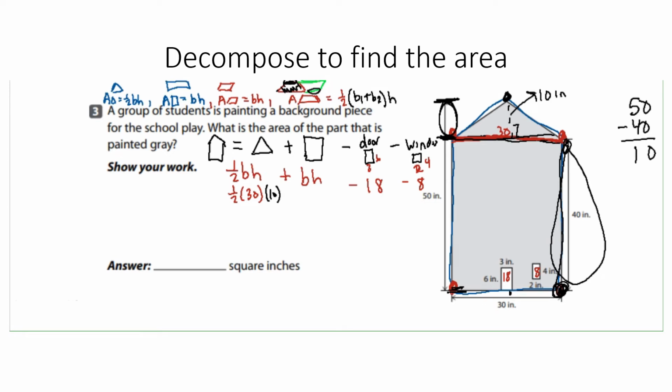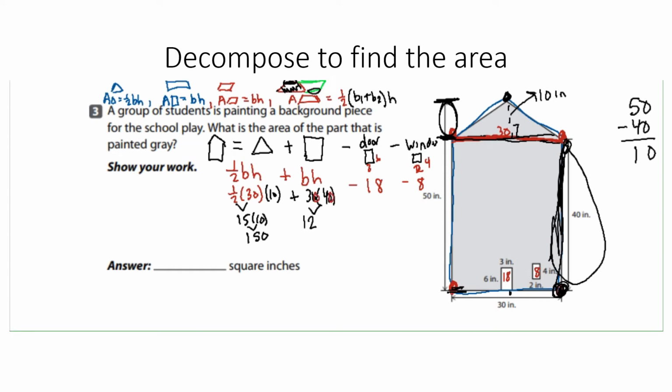All right, and then I'm going to substitute my base and my height for my rectangle. So the base is 30 and the height is 40. Substitute that in there. All right, now I'm going to evaluate. So half of 30 is 15, and then 15 times 10 is 150. And now I have 30 times 40. So 3 times 4 is 12, and then I can add my 2 zeros.